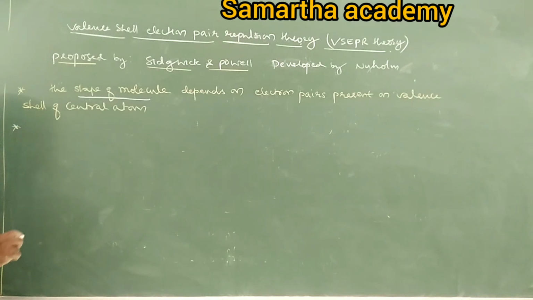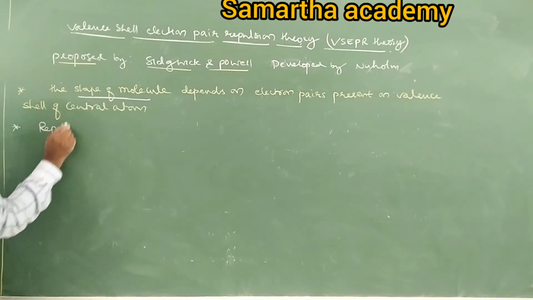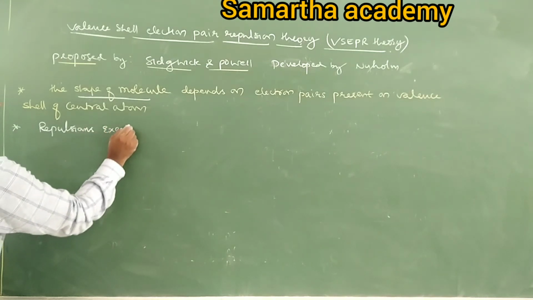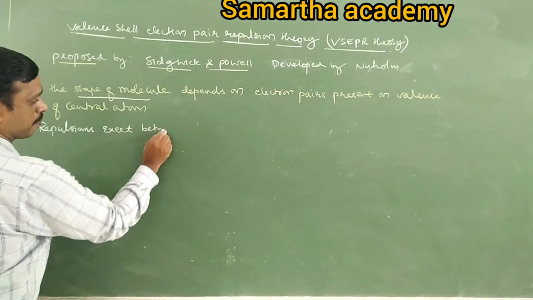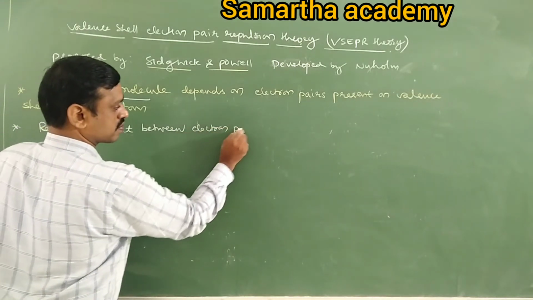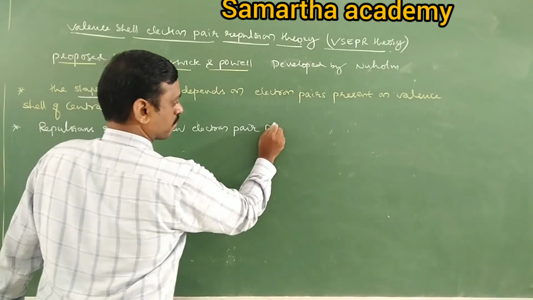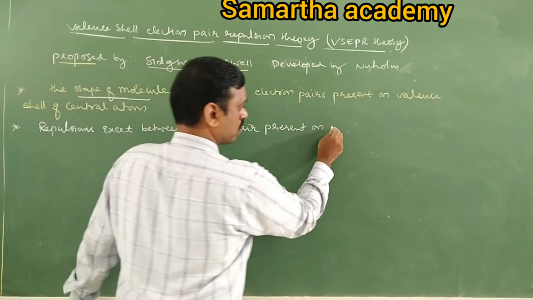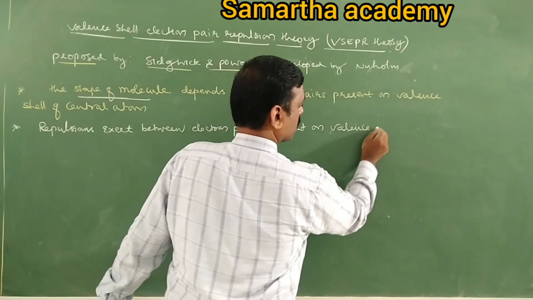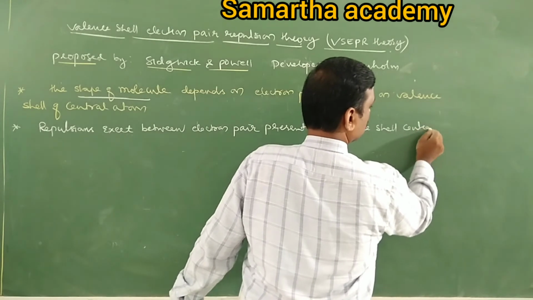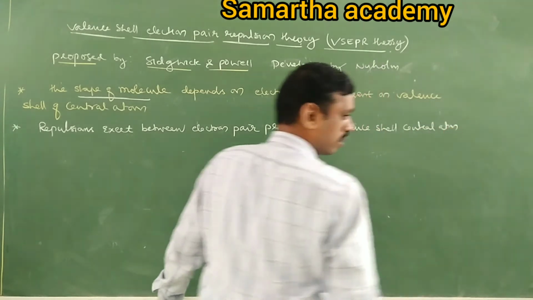The next is: repulsions exert between electron pairs present on the valence shell of the central atom.